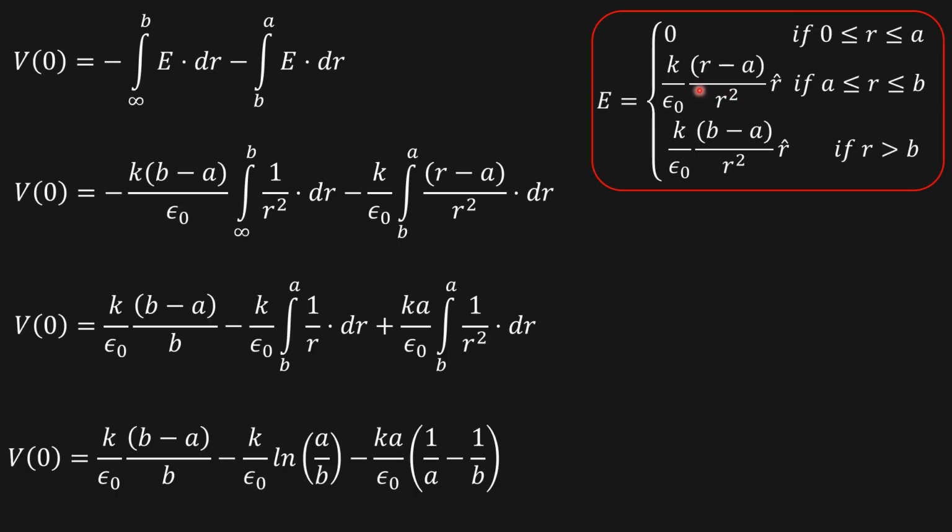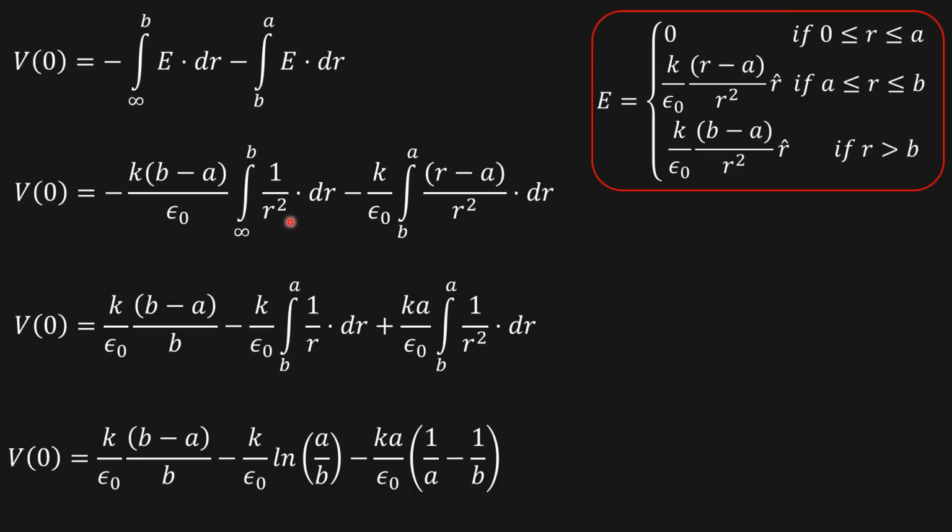I am replacing this E with K over epsilon naught (R minus A) over R squared.